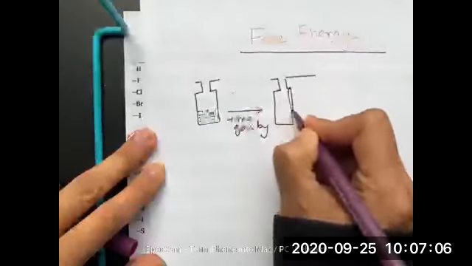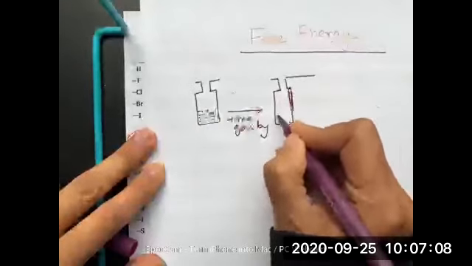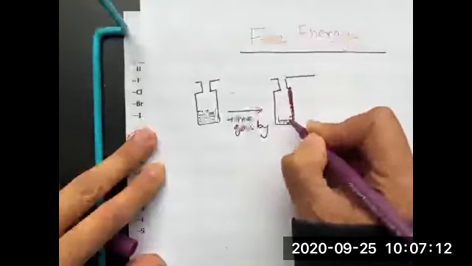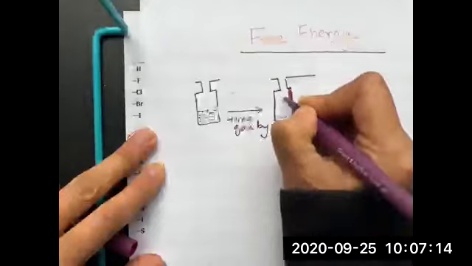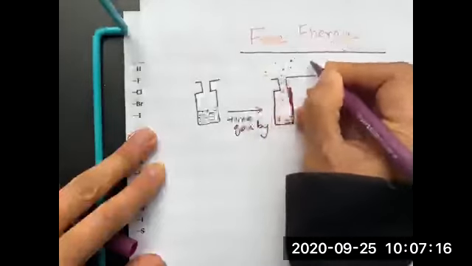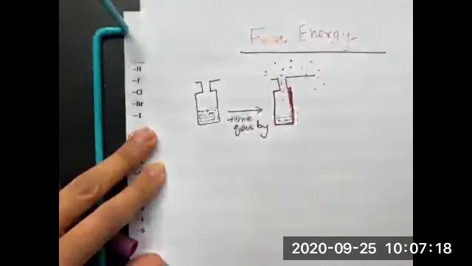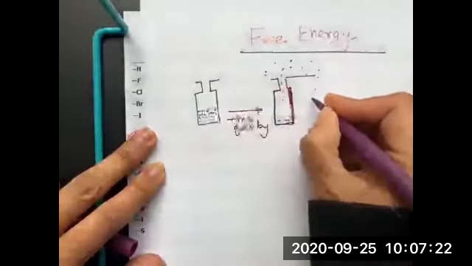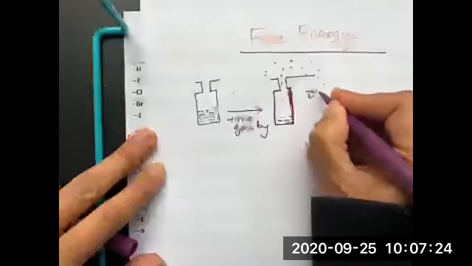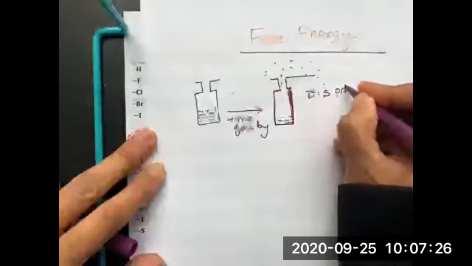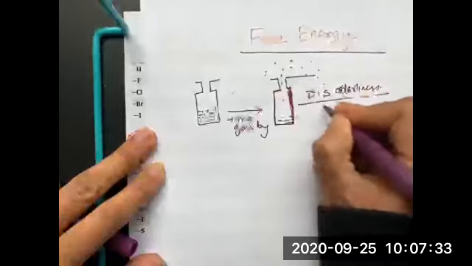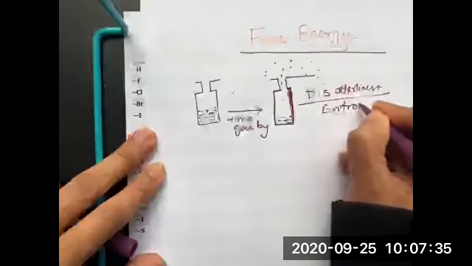They're going to diffuse out because the particles have free energy. They want to go to a state of disorderliness, or entropy.